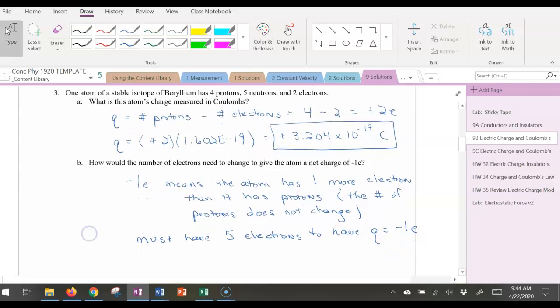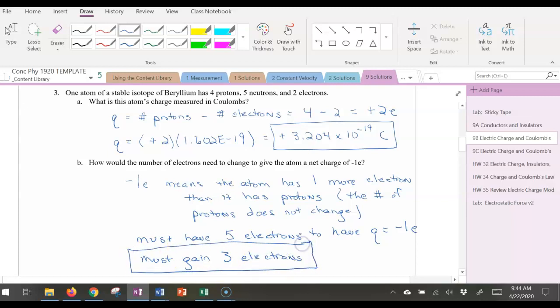Since it currently has 2, it must gain 3 electrons. That's how many electrons it has to gain in order to change its charge to minus 1e.